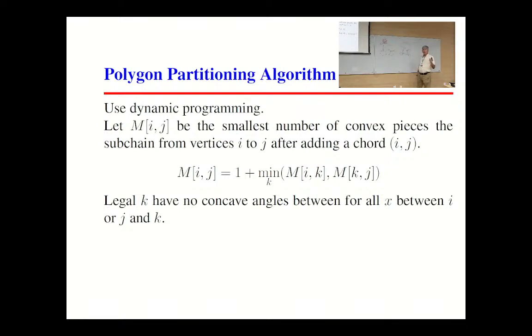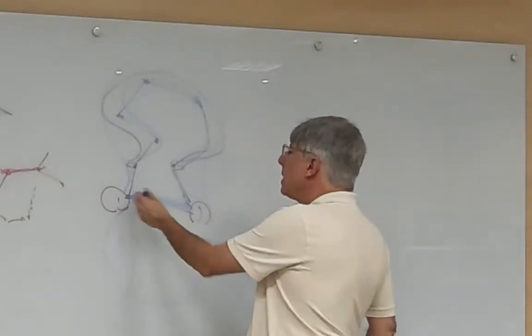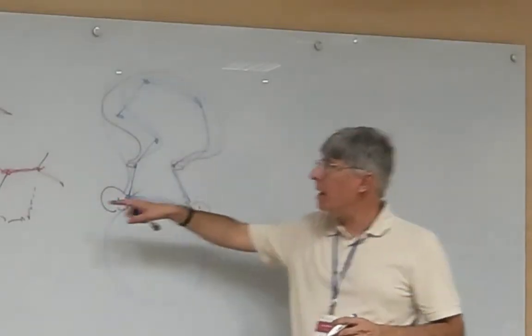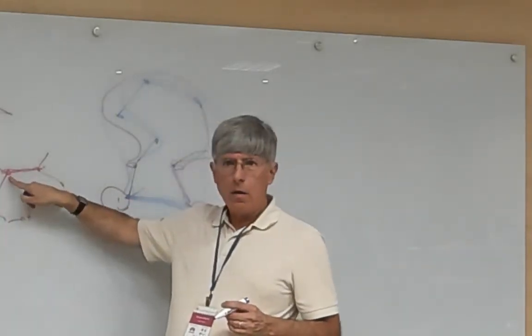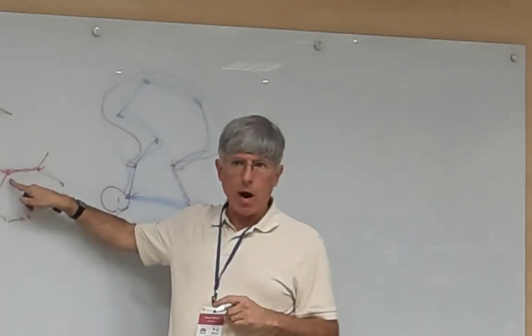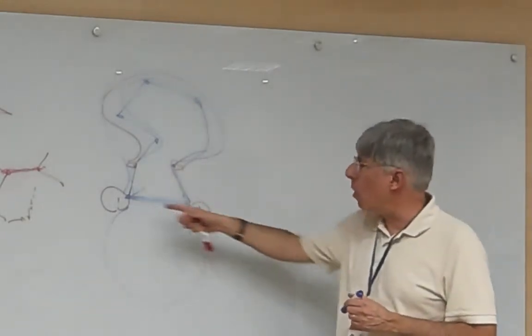I'm going to do this for all possible chords eventually. If you're asking, what if I need to use 2 chords? Well, there's going to be an outermost chord. I is going to get connected, as he said before, if it was a non-convex angle, to at least one other place, right? So what am I going to do for all possible chords?